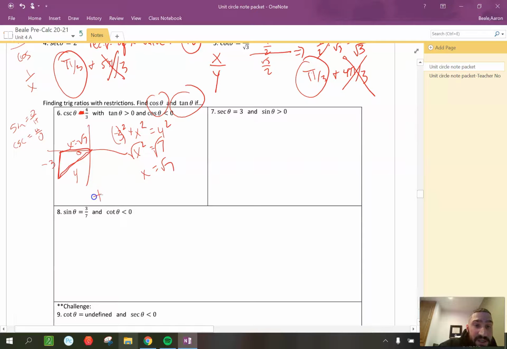Tangent, opposite over adjacent. So the tangent of theta, opposite, negative 3, over adjacent, which is root 7. We could rationalize that. In the interest of time, or I'll write it here and erase it. So if we do this, we get negative 3 root 7 over 7, which is good. So that could be a final answer.